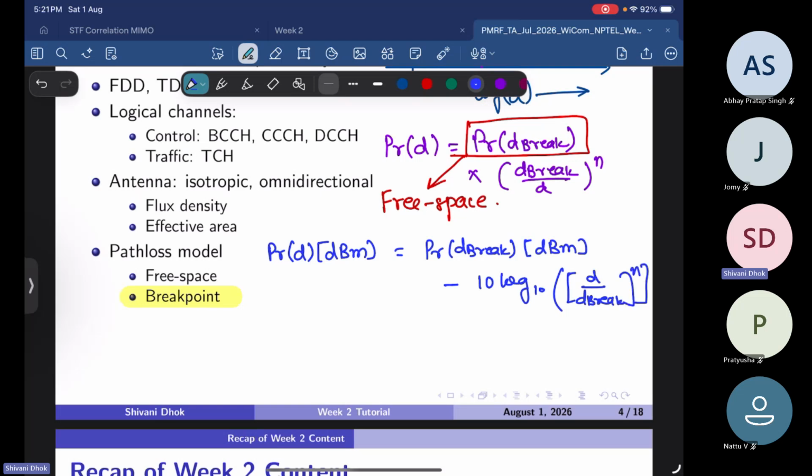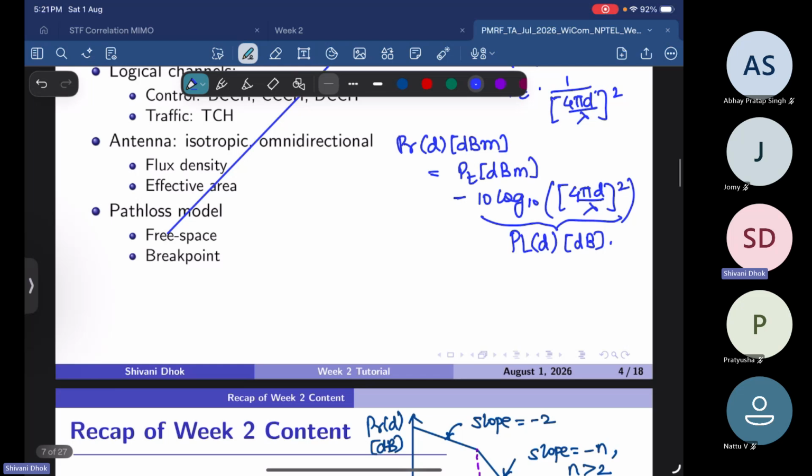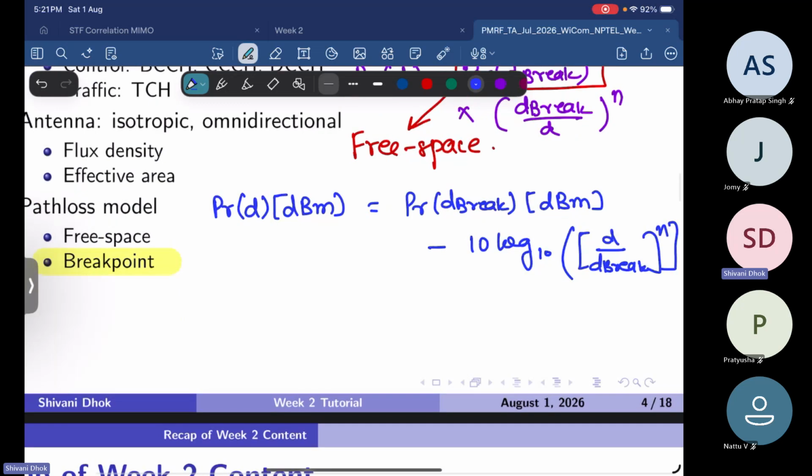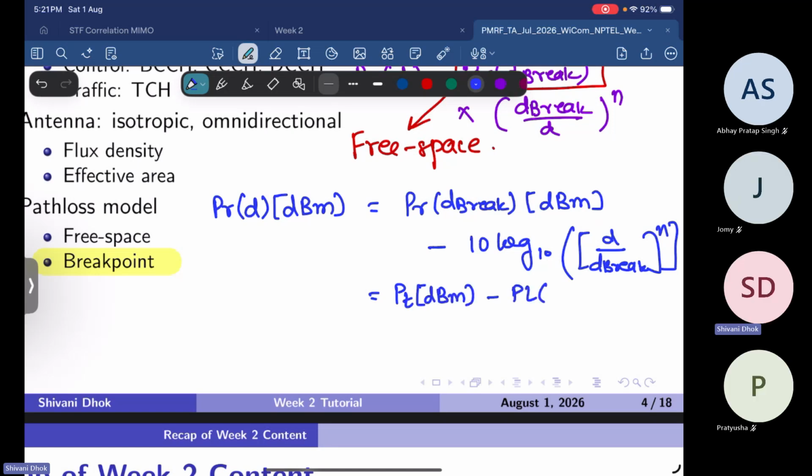But the received power at d break can be written from the earlier equation, that is, transmit power in dBm minus path loss at d break in dB. So the received power is the transmit power in dBm, minus the path loss at d break in dB, minus 10n log to the base 10 of d by d break.